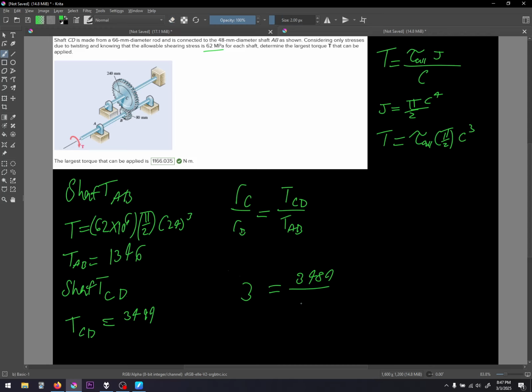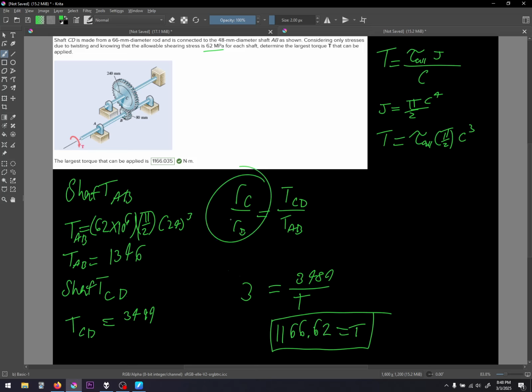We don't know what this is, so we're going to call this torque just T. I'm going to label this TAB. There's only one T here. So now, if I take 3499 and divide that by 3, I'm getting 1166.62 is equal to T, which is our largest torque that can be applied given the ratio of our gears.